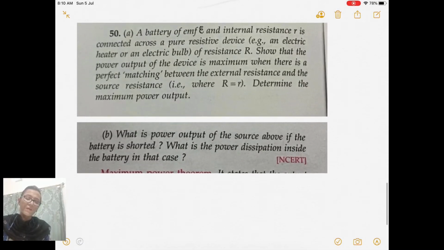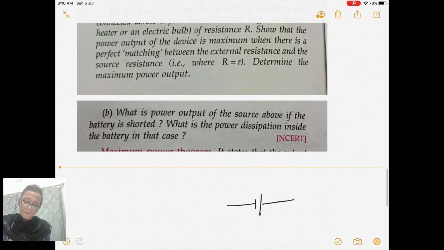A battery of EMF E and internal resistance r is connected across a pure resistive device. Resistance given is R. Okay, let me make a diagram.